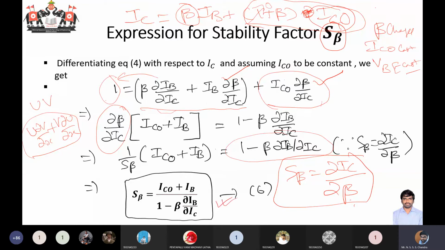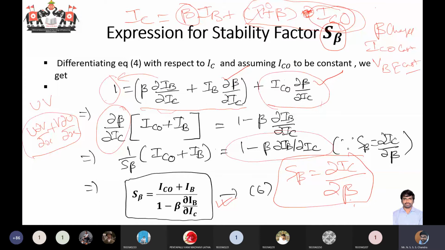These derivations are important both from the exam point of view, and even to solve the numericals you need to know these expressions. So you need to practice these simple derivations. What we are doing is taking the simple current equation IC equal to beta IB plus 1 plus beta into IC naught.